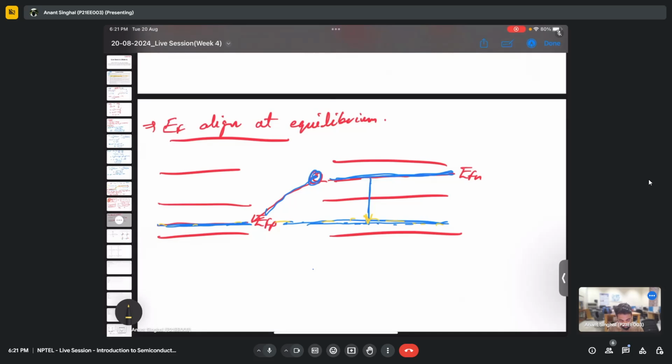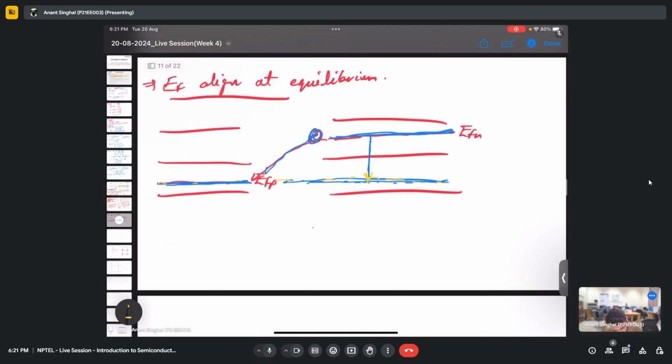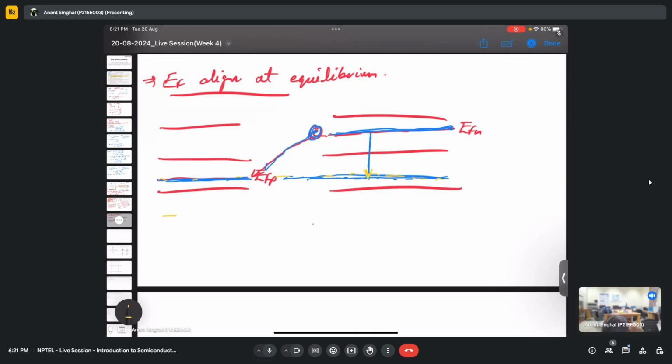So now what I'll do is keep each and everything else the same. I have this EFP, and this has now come down, let's say, to align. So I have an EFN here, and I will have an EC here, maybe EI here.